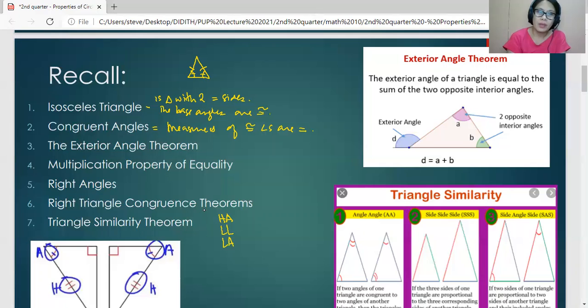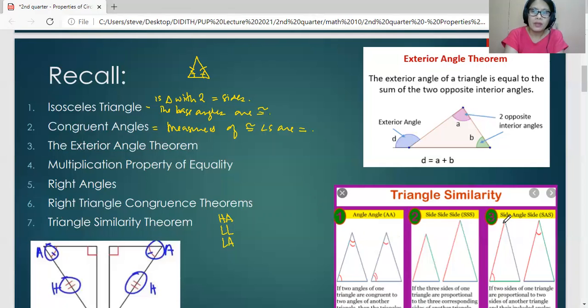Now with the triangle similarity theorem, we can say that two triangles are similar if the corresponding angles are congruent and the corresponding sides are proportional. When we say proportional, their ratios are equal.